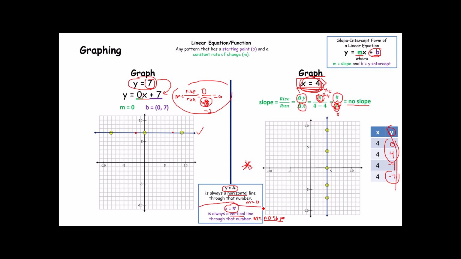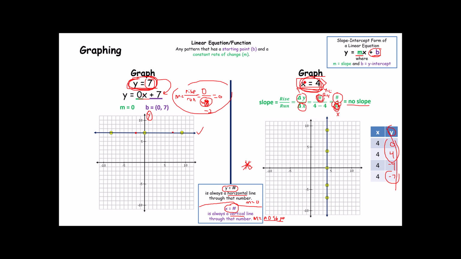People often mistake them. I will tell you why they mistake them, because when you see y equals 7, we've trained and studied so hard that the y-axis is a vertical line that we think y equals 7 must also be a vertical line. That is the exact opposite of the truth. Notice that y is our vertical axis, but y equals 7 is always a horizontal line.